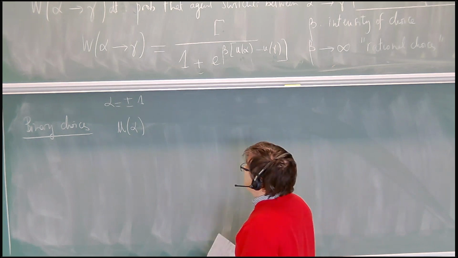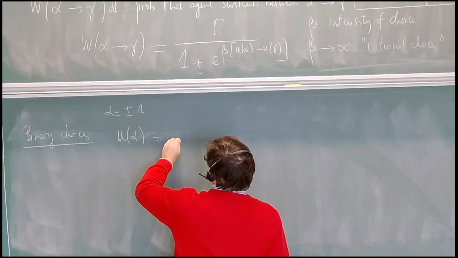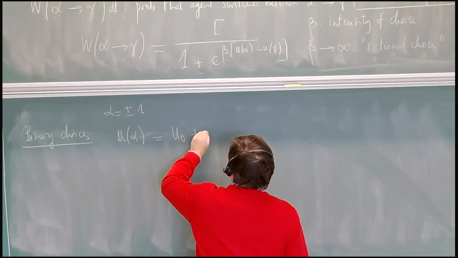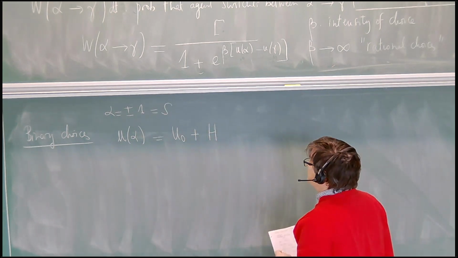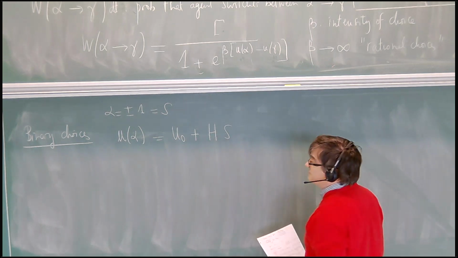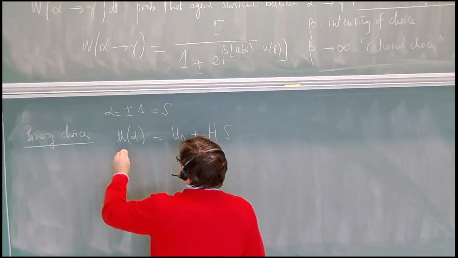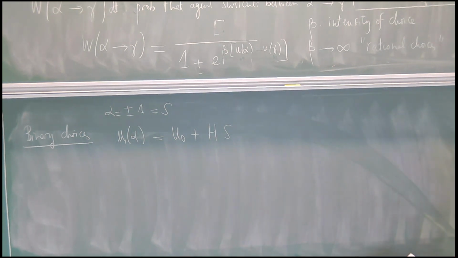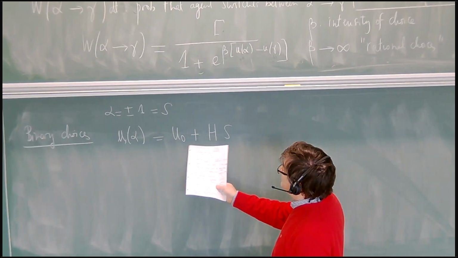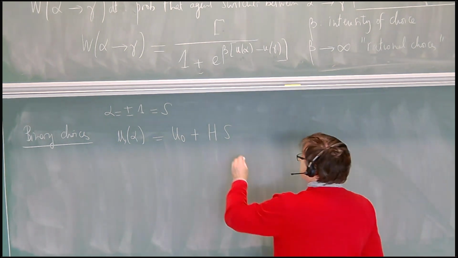And in this case, the utility is given by something that you can always call U0 plus a field H times S, where S equals ±1. Because U is a function whose argument can only take two values, and therefore you can always write one of them as U0 plus H and the other one as U0 minus H.